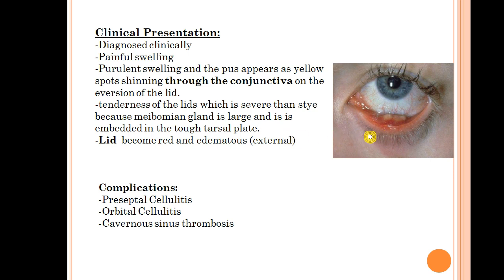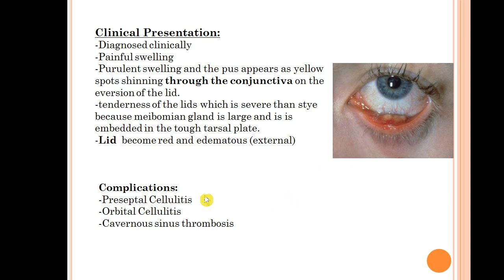Any compression or touch over that area will be tender and cause severe pain. Moreover, the lid becomes red and edematous, since it is inflammation. So in order to diagnose it, remember there will be painful swelling, there will be pus that you can see on the conjunctival side by eversion of the lid, and tenderness of the lid. So that's its clinical presentation.